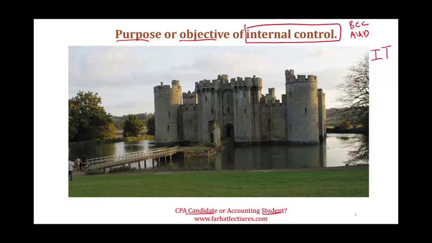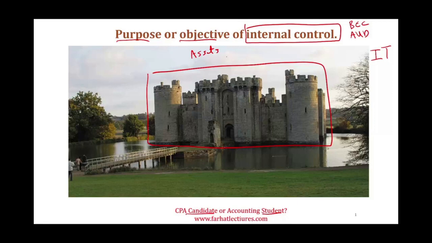What I want you to think about when you think of an internal control is this fort, this castle. What is inside this castle? Inside this castle, we have our assets, our resources, but basically our cash, inventory, property, plant, and equipment, stuff that the company cares about because we need to use it to run the business.